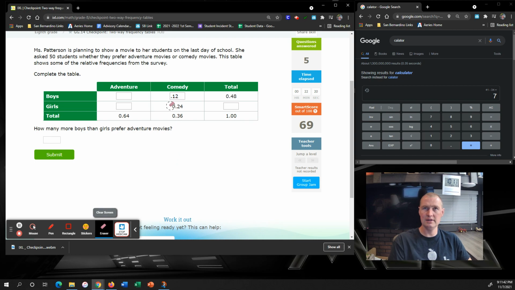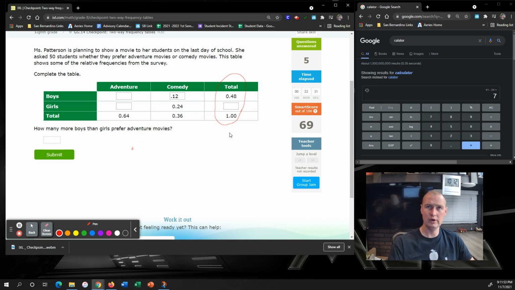Okay, now that's done. Now notice that we have a box over here, and we can also do that by the column. So that one is possible too. We can do 0.48 plus X equals 1. Remember, 1.00 is the same thing as $1, right? 1 is 1.